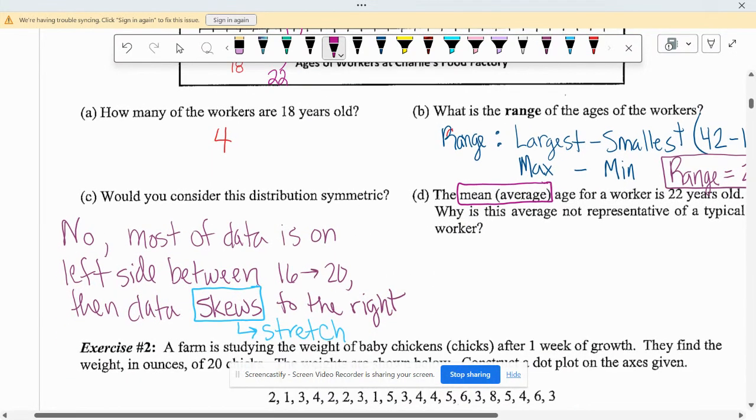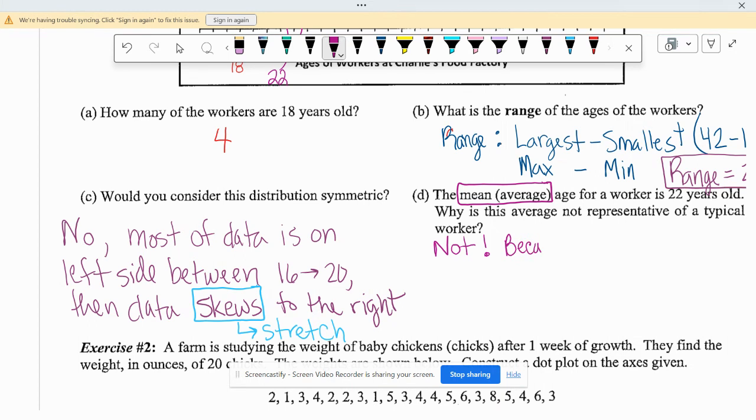Here's what I said. I said it doesn't. It's not a good representation. So I put not, and then I said because most of the workers are less than 22 years old.